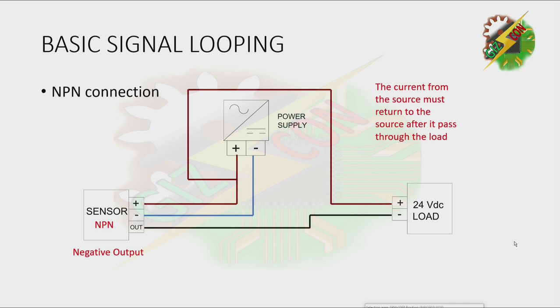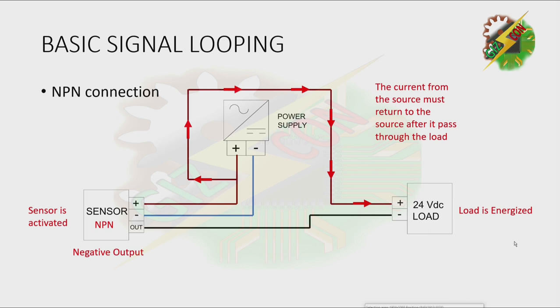Okay, let's try it with an NPN connection. This is the flow of current for the sensor. It is used to energize the sensor. Next, the sensor is activated. Now the current will flow from the positive terminal, and as you can see, it flows to the load.